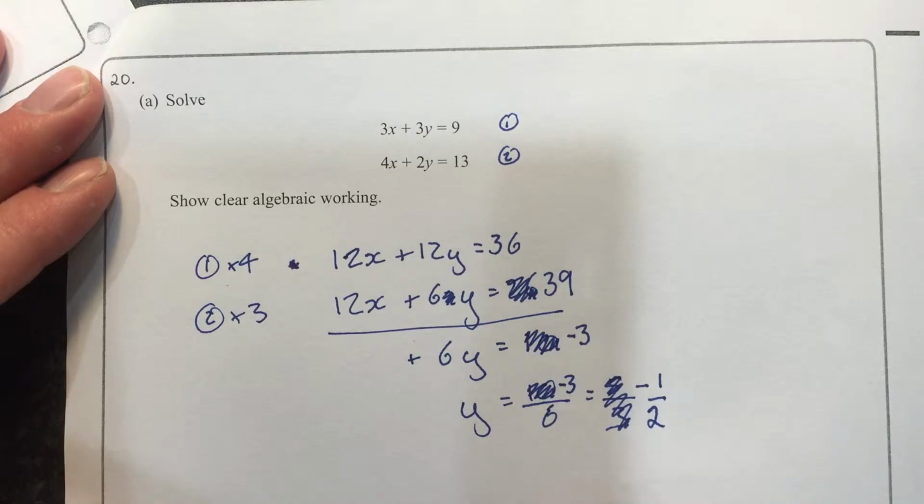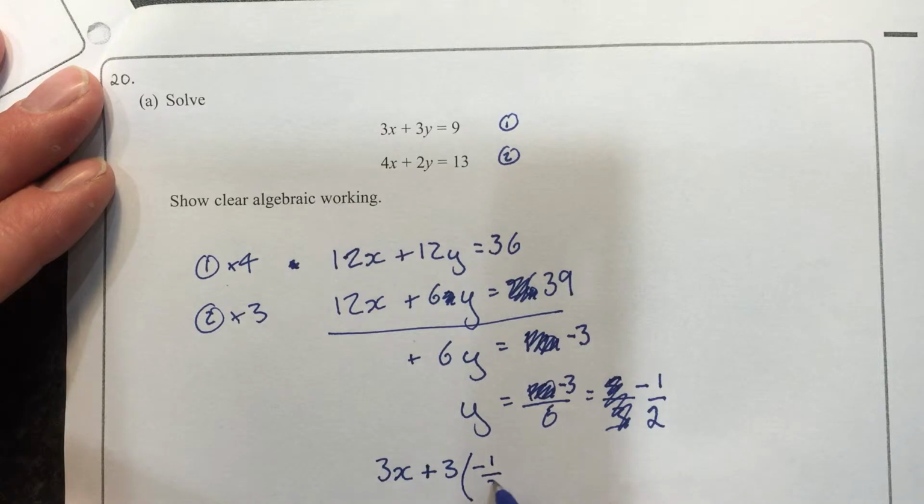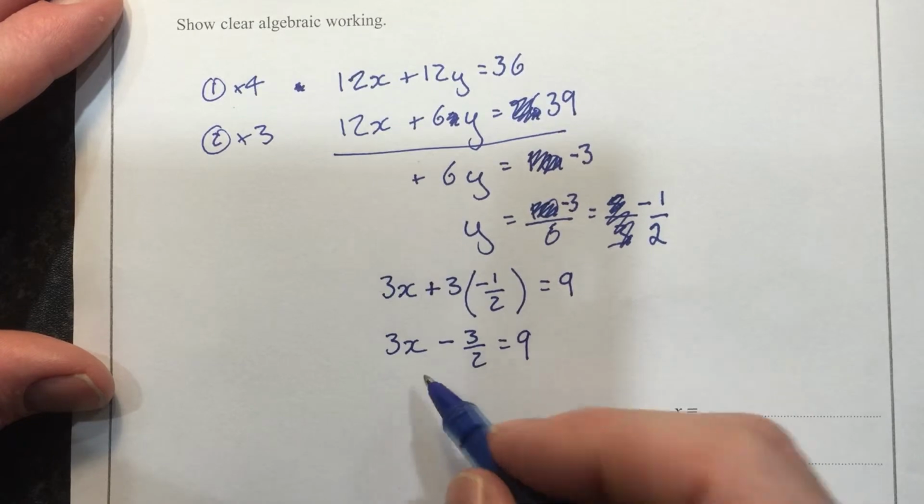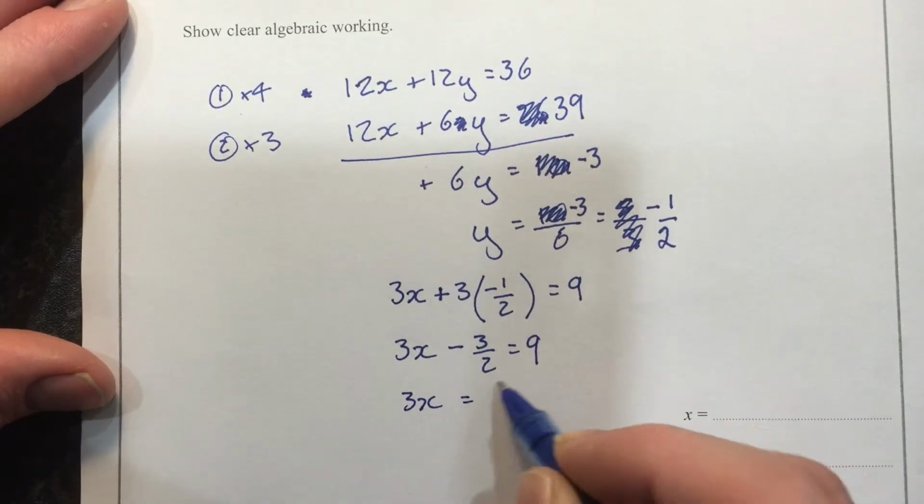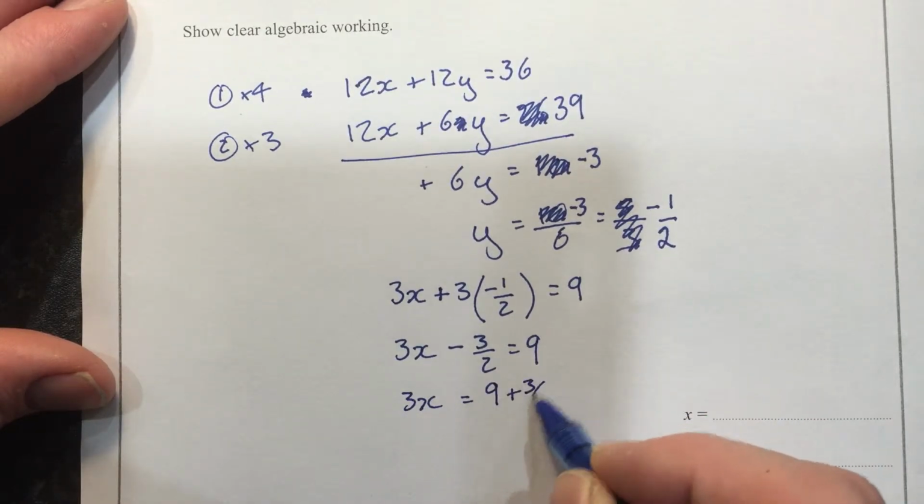I'm then going to substitute that back in to one of my equations to try and work out x. So 3x plus 3 times minus 1/2 equals 9. So 3x minus 3 over 2 equals 9. So 3x is 9 plus 3 over 2.